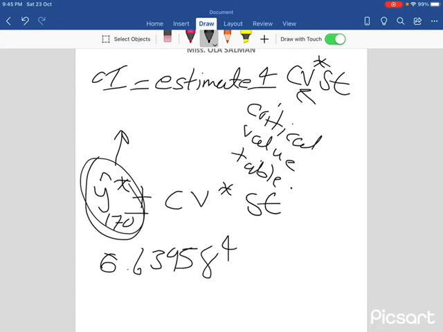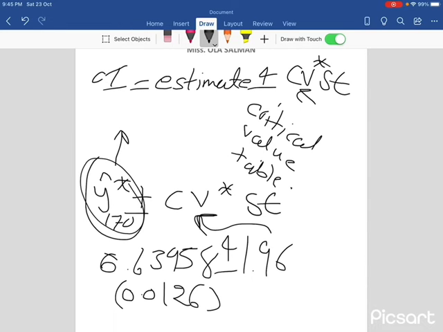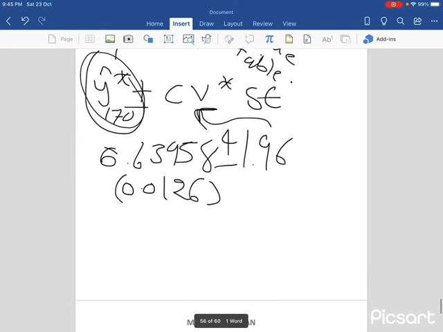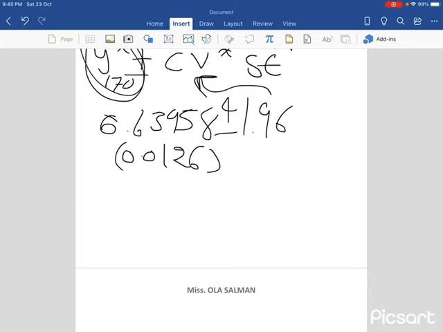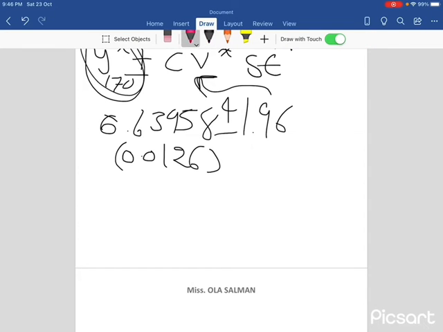It is 6.63958 plus or minus 1.96. This will be the critical value. You can find it. Multiply with the standard error 0.0126. You will do the two parts, the minus and the plus.